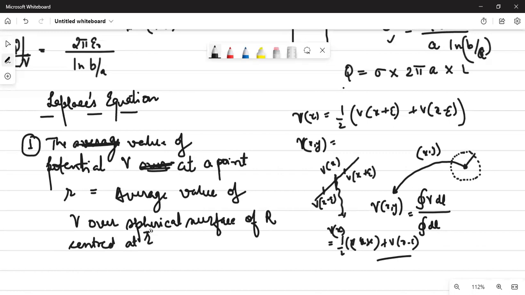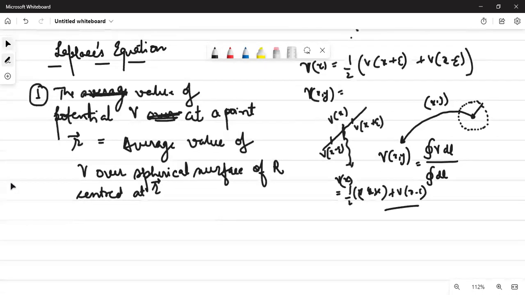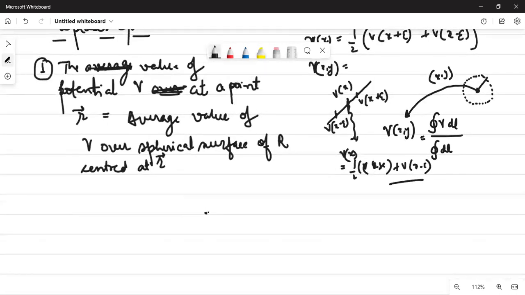So for example, if I want to find my value of potential at a point, what I have to do is find the average value of the potential nearby.